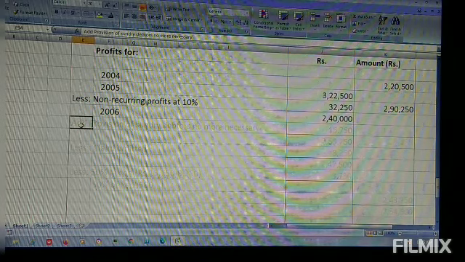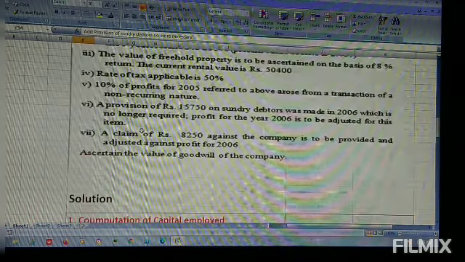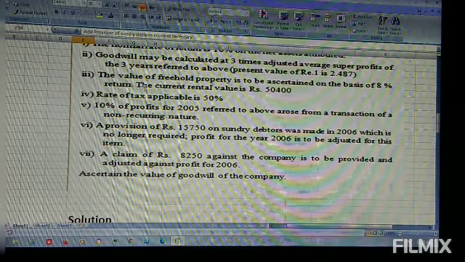Then some provision is there. Just see the sixth point: a provision of rupees 15,750 on sundry debtors was made in 2006, which is no longer required. So this is to be adjusted to profit, because the provision is not required.